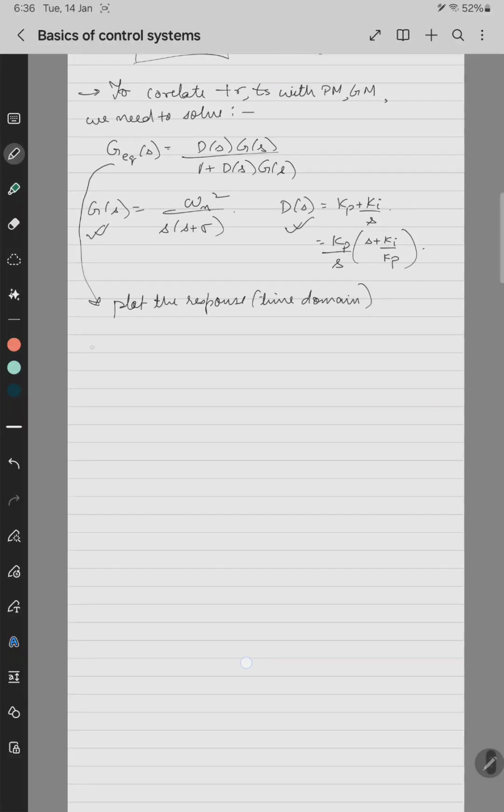So ultimately Kp Ki are a function of phase margin and gain crossover frequency, which are a function of what? Rise time, settling time, peak overshoot. This is for frequency domain. This is for time domain.